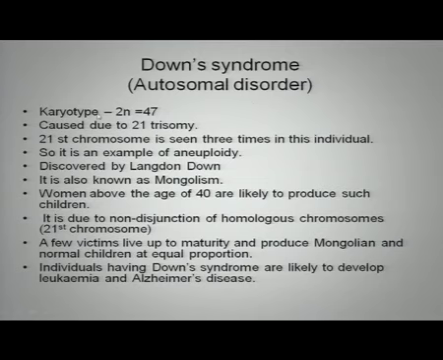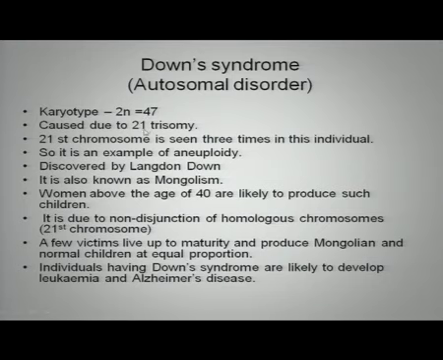You know, the karyotype is the chromosome complement of an individual. We can represent it as 2n equals 47. Normally in human beings 2n equals 46. Here one chromosome is seen in triplicate. That means which chromosome? The 21st autosome. So, the 21st chromosome is represented 3 times in this particular affected individual.